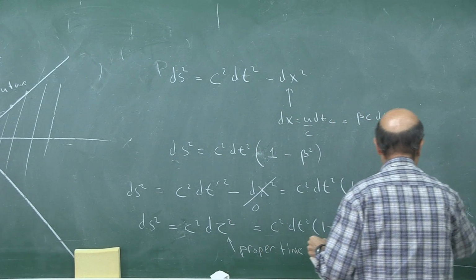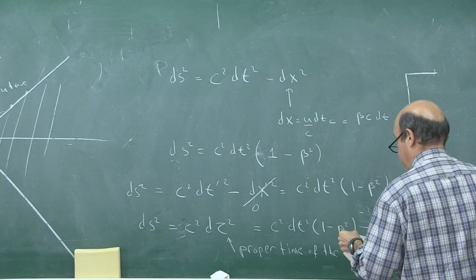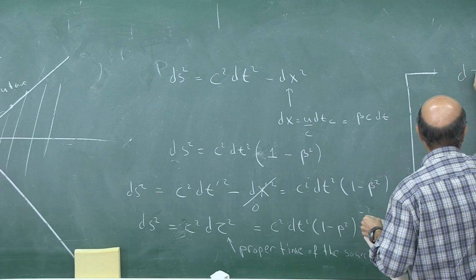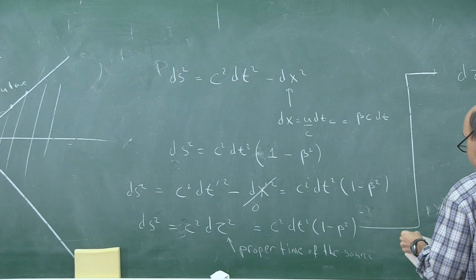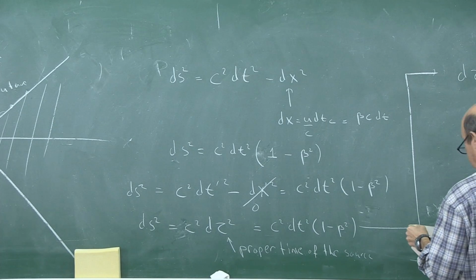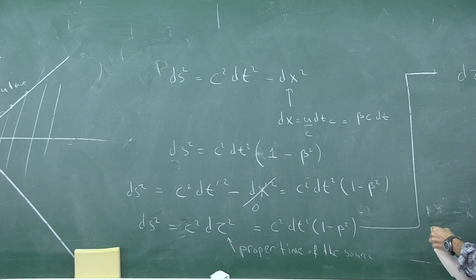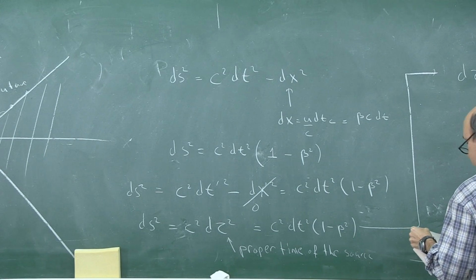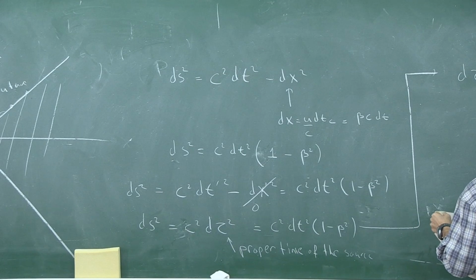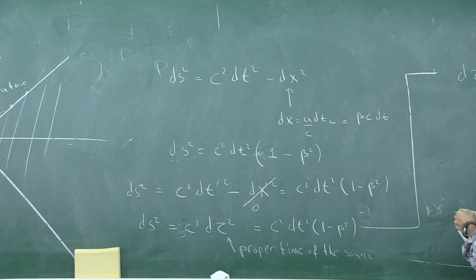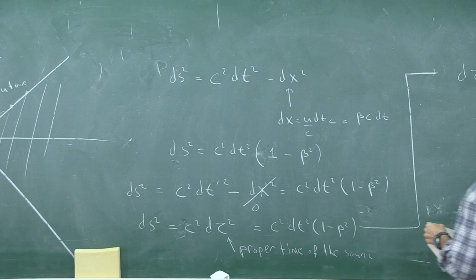So basically, from here, proper time is equal to what? Take the square root of this. The c's cancel. Proper time is equal to dt times the square root of 1 minus β².